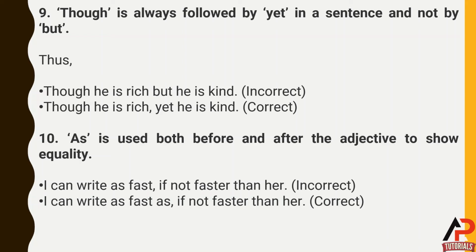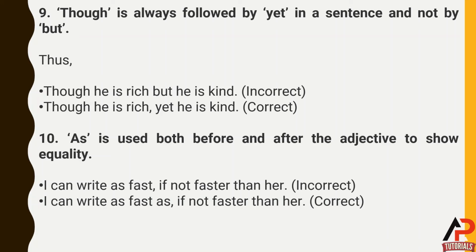Now coming to the 10th rule, as is always used before and after the adjective to show equality. So you can see in the example here, I can write as fast if not faster than her. It is an incorrect sentence, because as is used before and after the adjective.